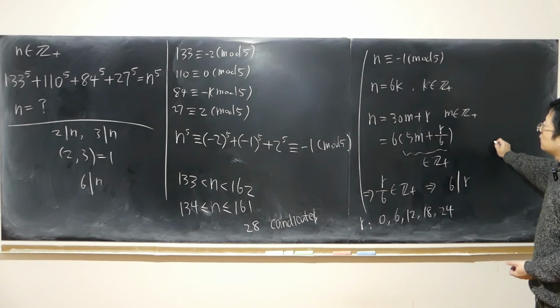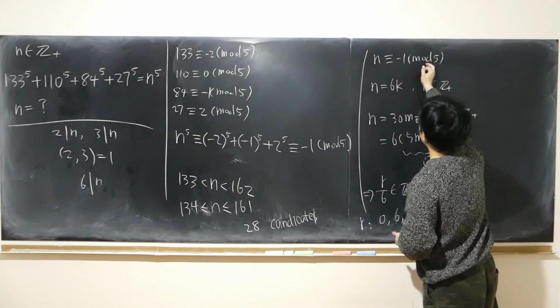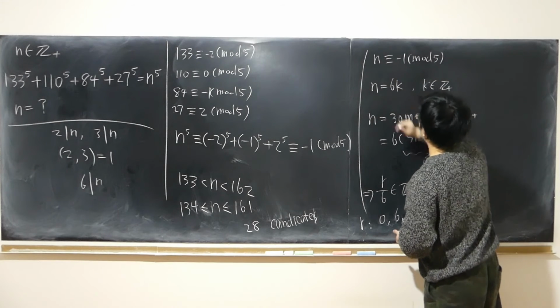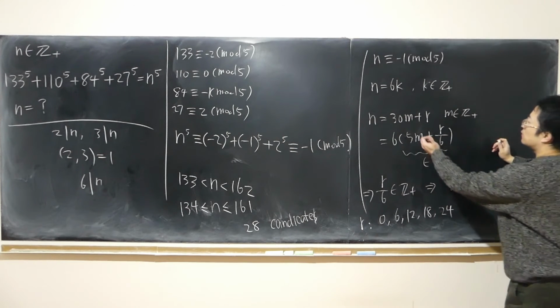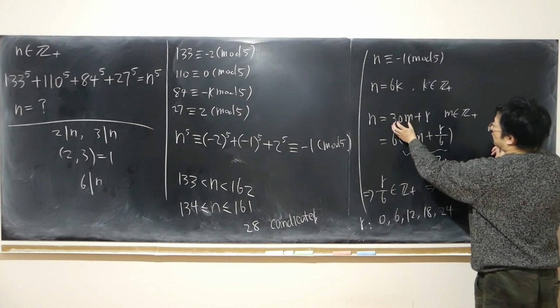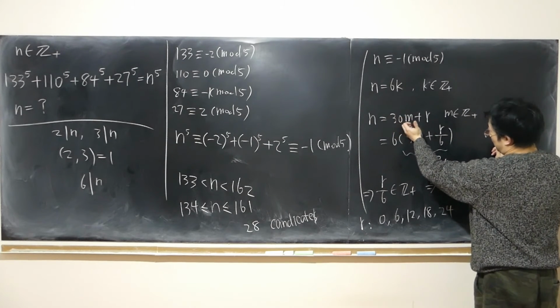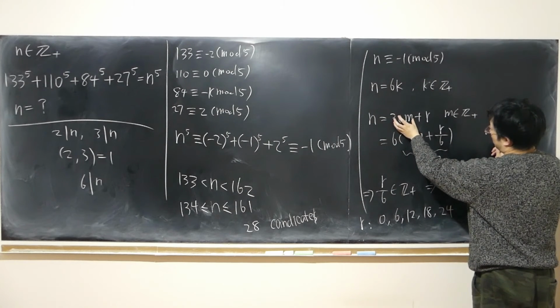All right, like I said, n divided by 5 has a remainder of -1 or 4. So here, n can be written like this. First of all, 30m can be divided by 5, it's a multiple of 5.